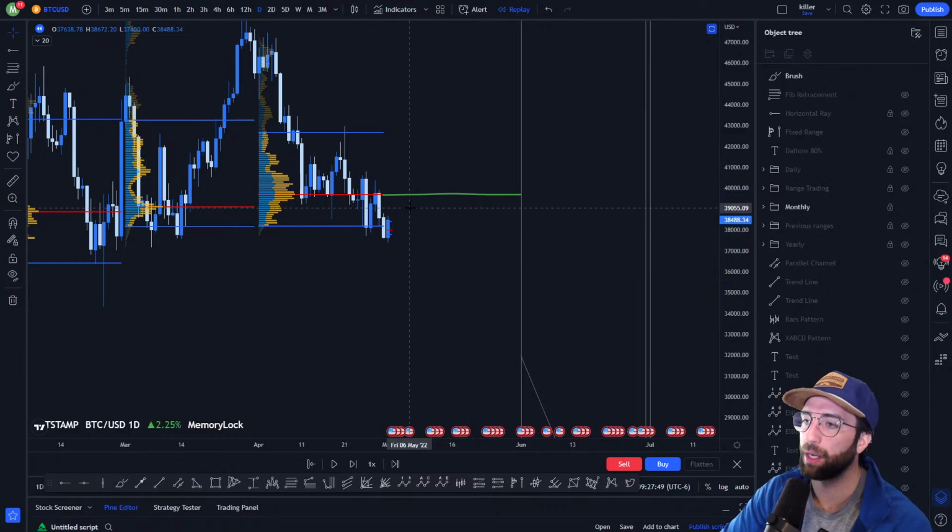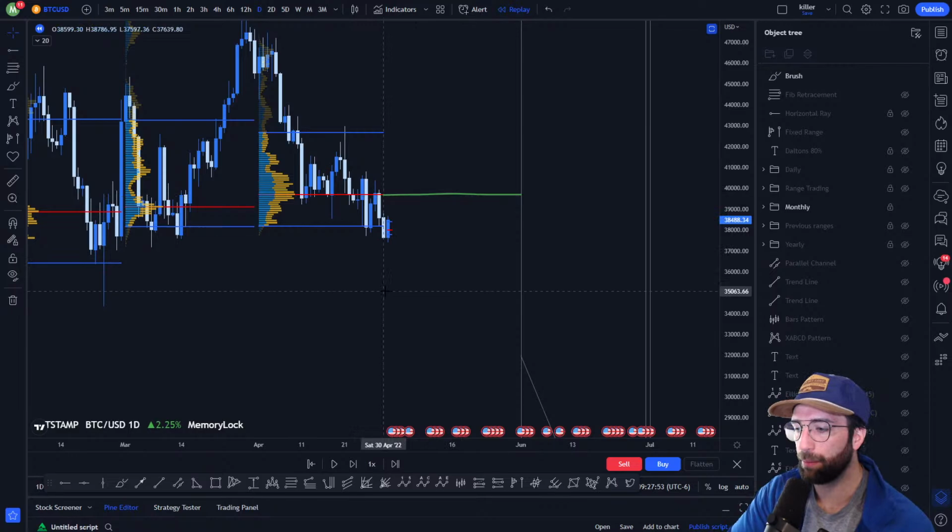You would typically expect, in this case, for it to act as resistance. Naked points of control are similar to daily, weekly, and monthly levels: you draw them horizontally, and you would expect that level to act as support or resistance when price reaches it. And what's great about this is it can give you really good day trades at the very least, if not swing trades, if you have a good enough degree of confluence there.